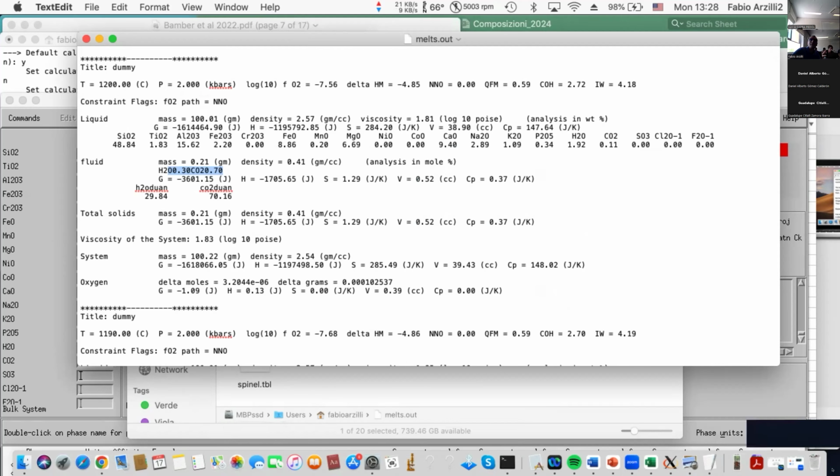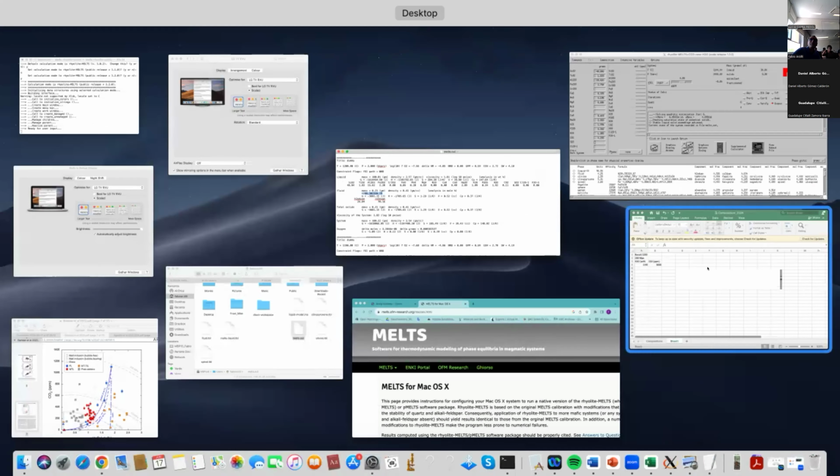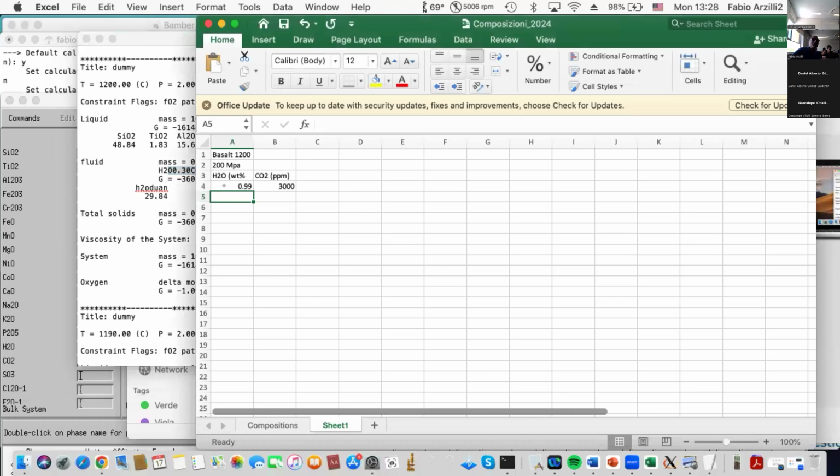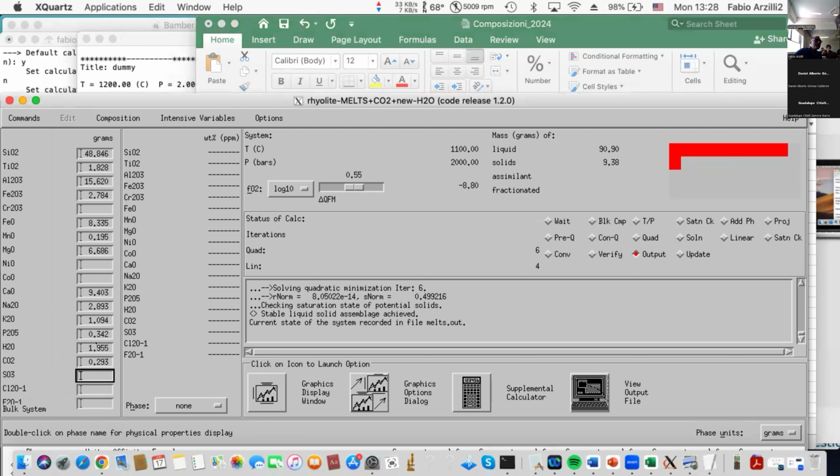Sorry, what was the original value of water? The original value of water we put was around 1.200. Then we normalize and it will be more or less this number, and the calculation will say this is in equilibrium, this is out.